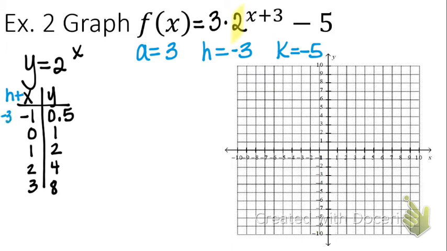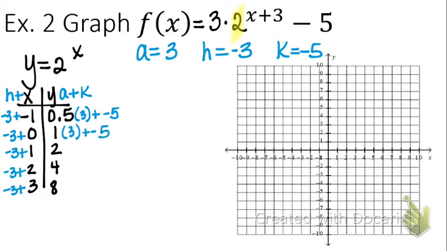So that'll be a -3 plus, go ahead and find your new x values. And then your y values, you're multiplying by a and adding k. So you're multiplying them by 3, and then you're adding a -5. I'll give you a second to get your new table and graph it.